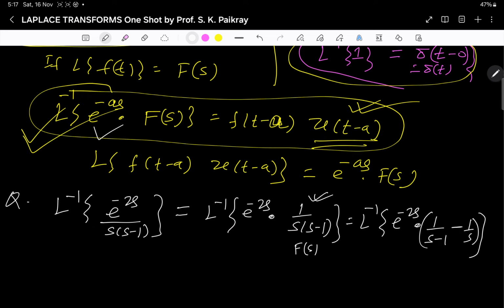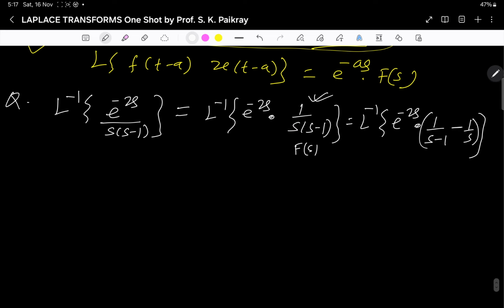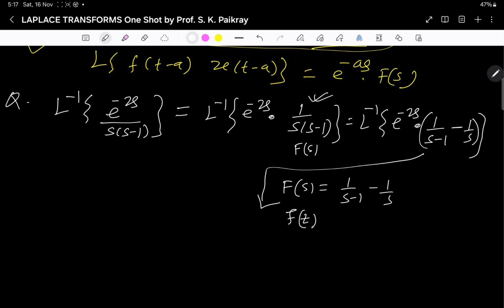Okay, you see it carefully here. This is my F(s). What is your F(s) here? F(s) is 1 by (s minus 1) minus 1 by s. So what is f(t)? Your f(t) is e to the power t minus 1, is it not? But what is a here? E to the power minus as. So what is a here?